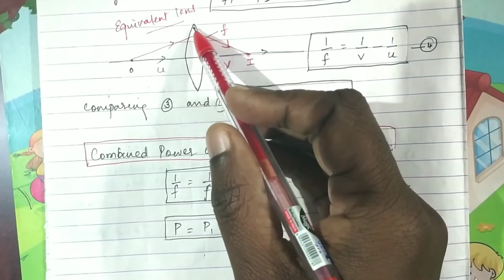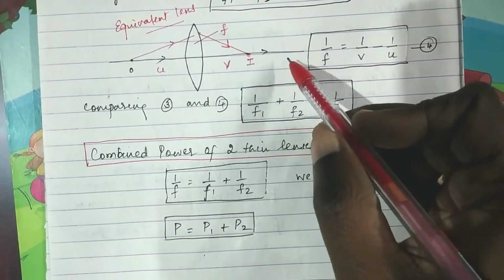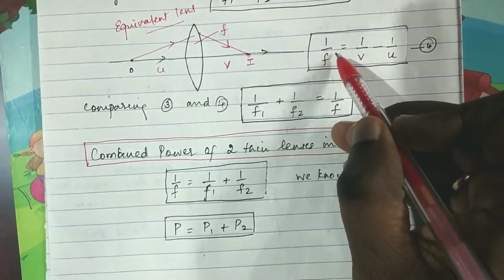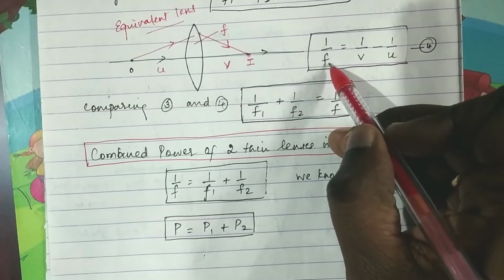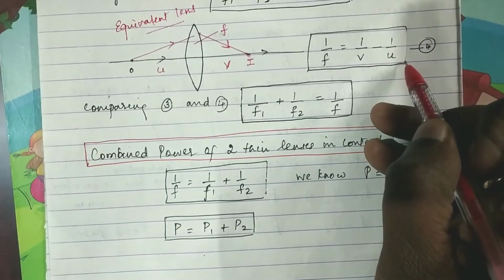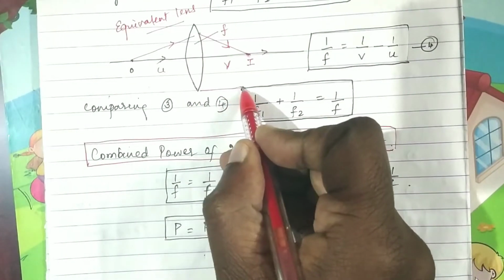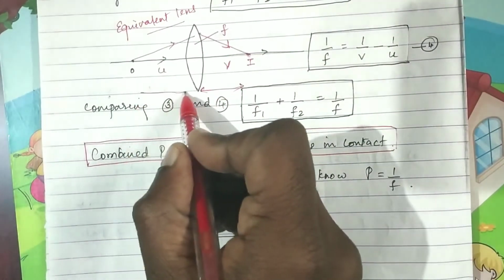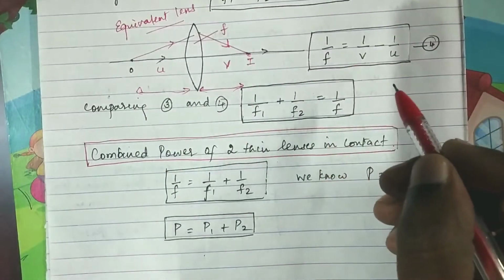So this lens can be called the equivalent lens. If you apply the lens formula for the equivalent lens, we get 1 by f equals 1 by v minus 1 by u. This is the image distance and this is the object distance.